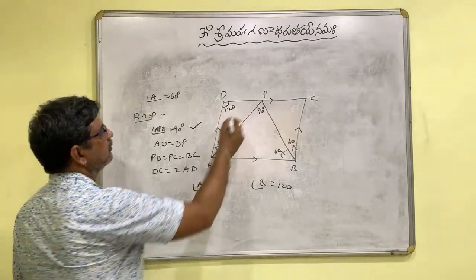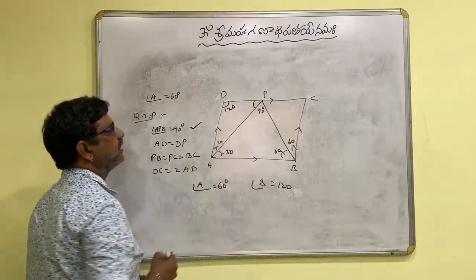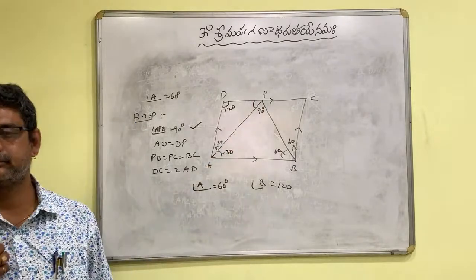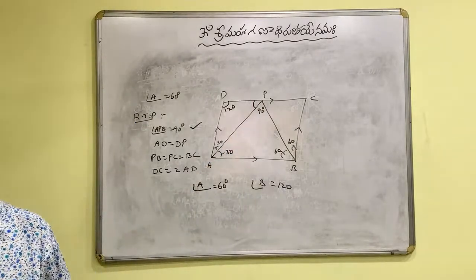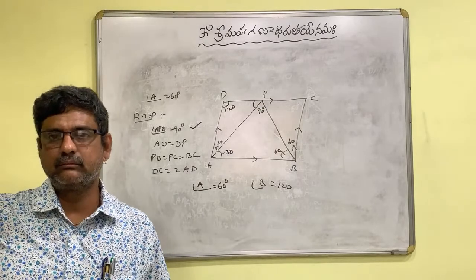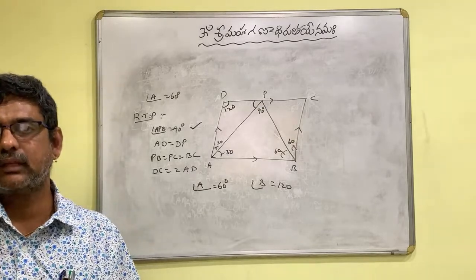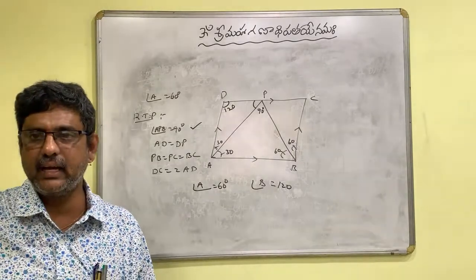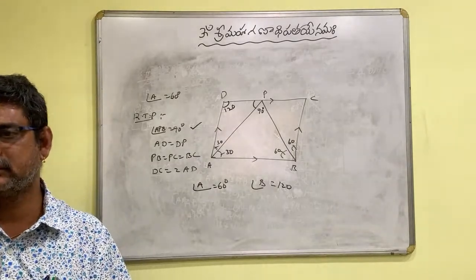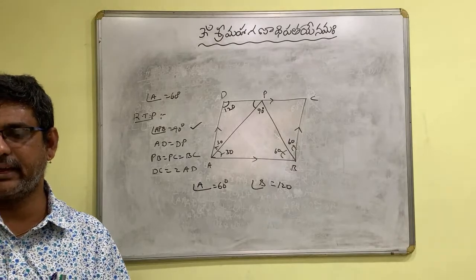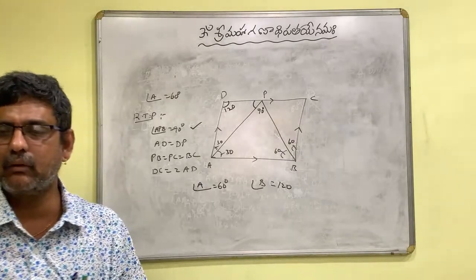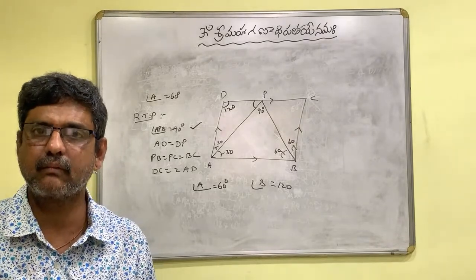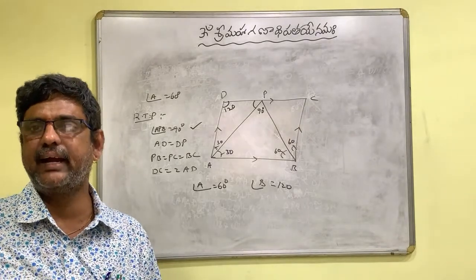Now, what is the measure of this angle? Angle DPA. Angle DPA is 30 degrees.